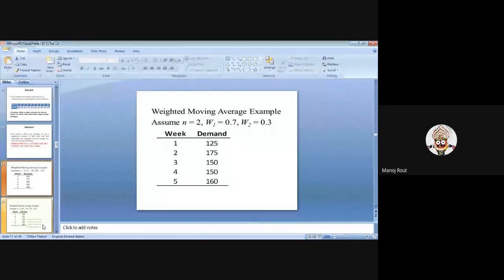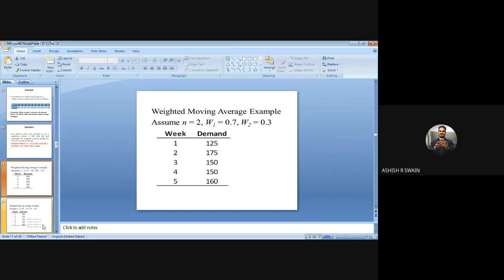That is 0.7 into 125 plus 0.3 into 175, divided by... Sir, 160. Correct. Similarly, if you forecast for the fourth week, you have to take 0.7. Here it is already mentioned: assume the number of periods is 2.